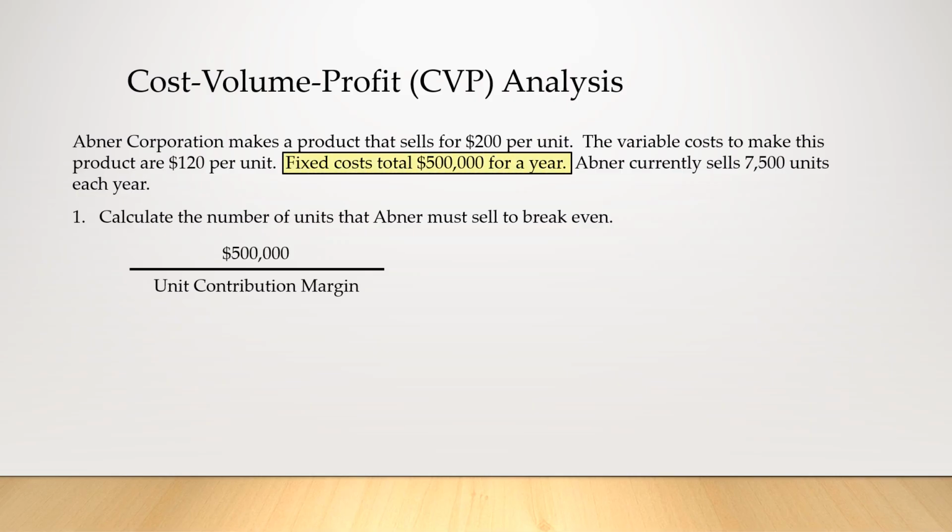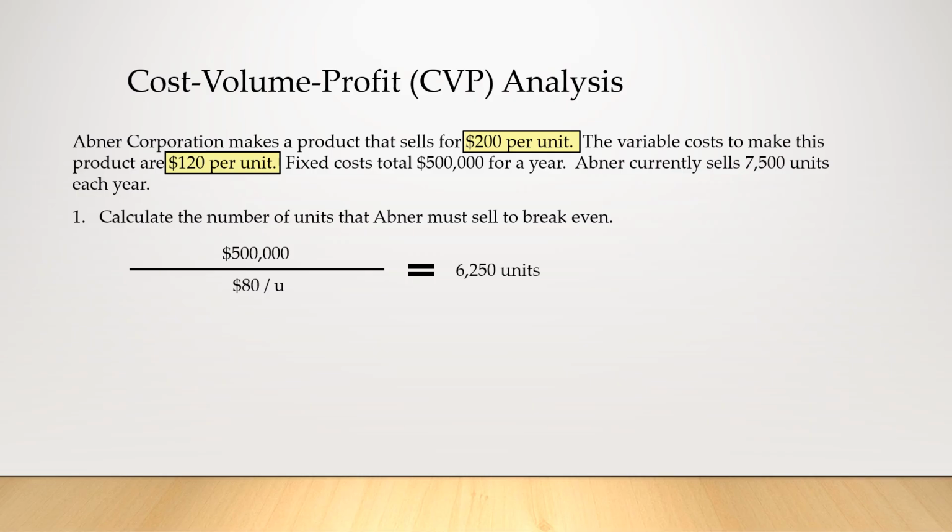Unit contribution margin is the difference between the unit sales price and its variable cost per unit. For Abner, it will be $200 less $120, or $80 per unit. Divide these numbers, and the resulting quotient is a break-even point of 6,250 units.